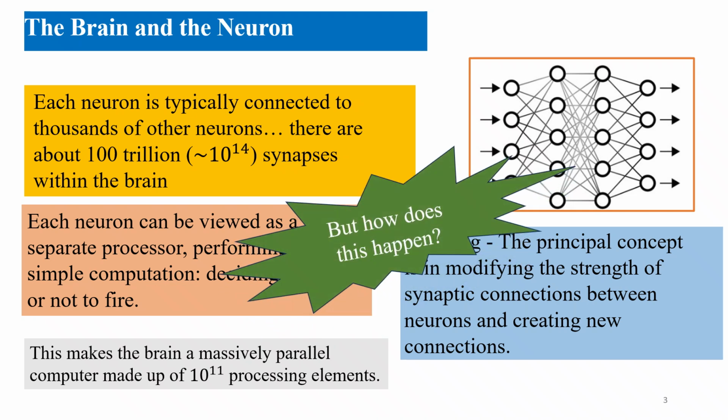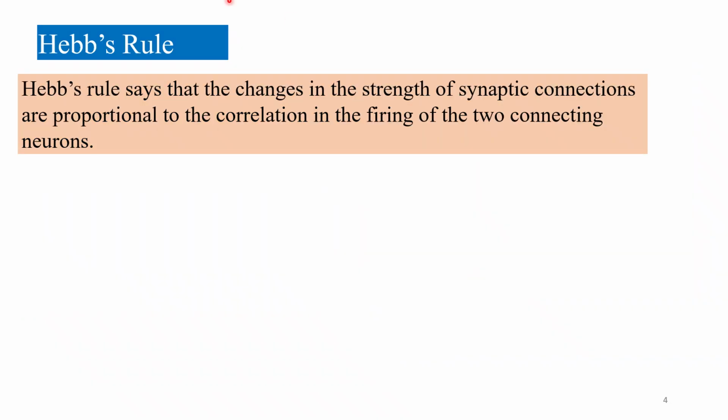But how does this weight change happen, or what is the theory behind it? So there's this scientist Hebb. They studied and said that the change in the strength of a synaptic connection is proportional to the correlation in the firing of the two connecting neurons.